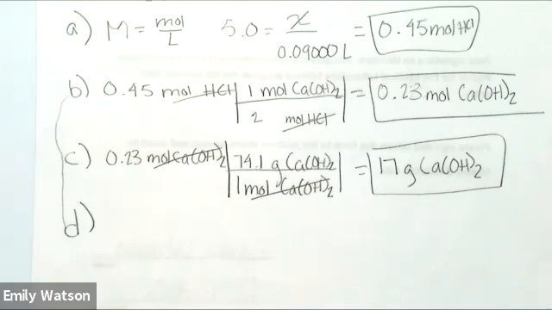A question like this would look like: she would give you 40.5 milliliters of calcium hydroxide titrated into 90.0 milliliters of 5.0 molar hydrochloric acid. What is the concentration of the calcium hydroxide? So you would have to see step D, just that question, and know that steps A and B need to come first.